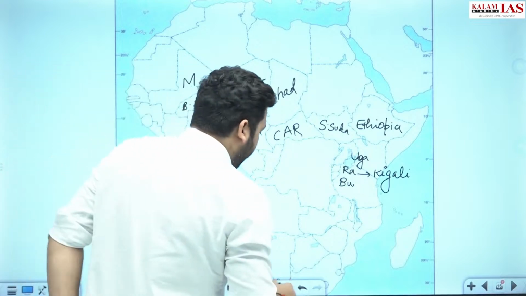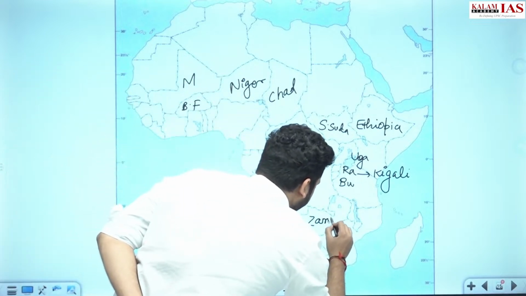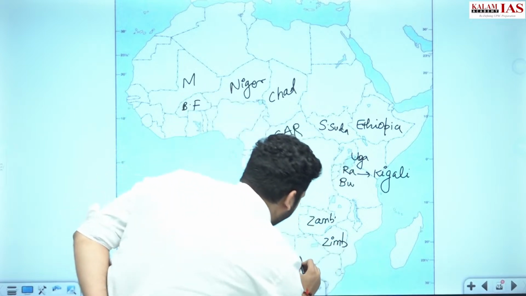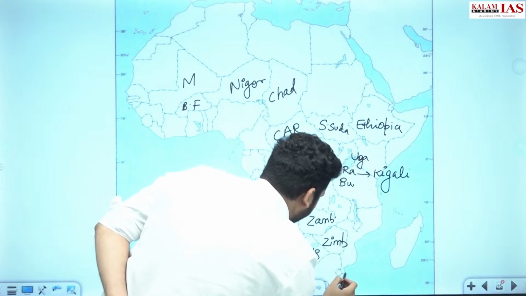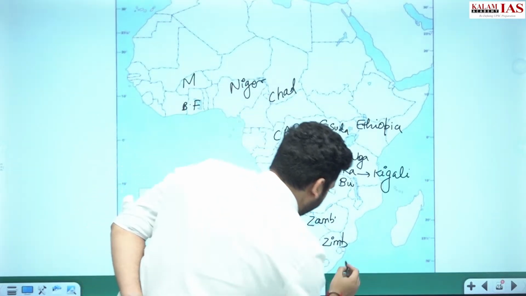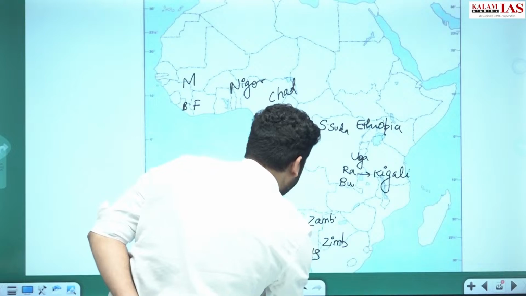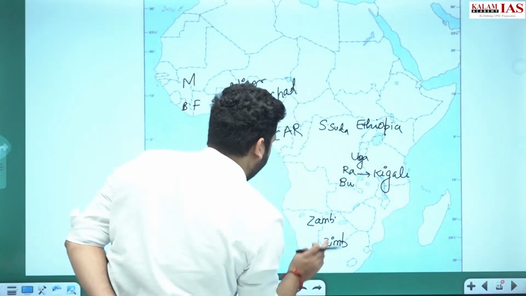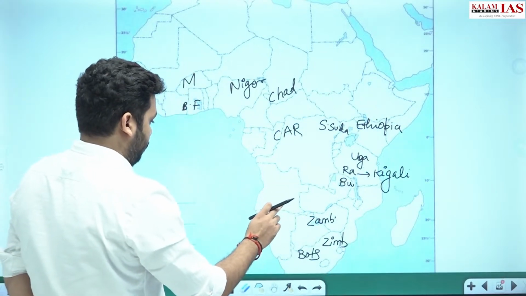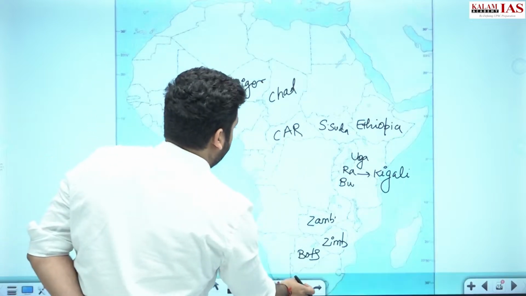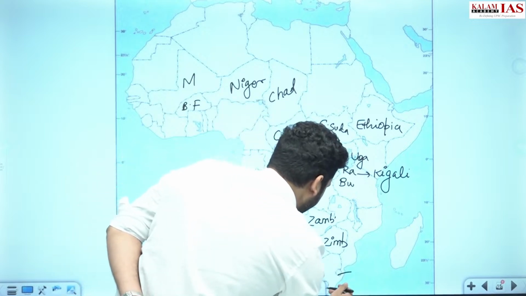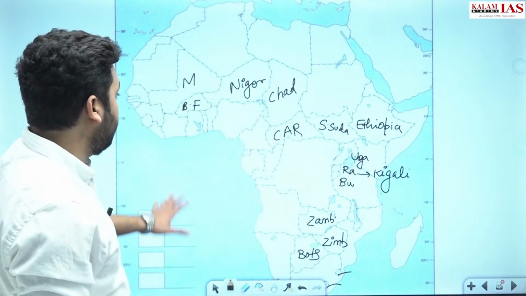Now we have Zambia, Zimbabwe, Botswana, then we have Eswatini and Lesotho. So these are the landlocked countries.